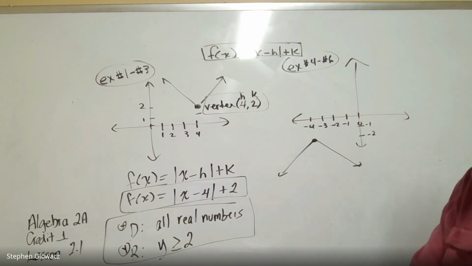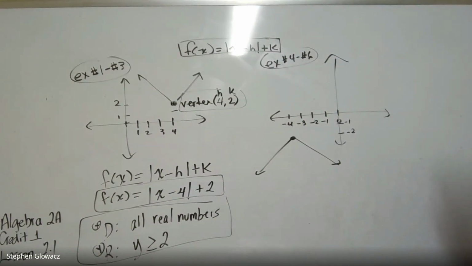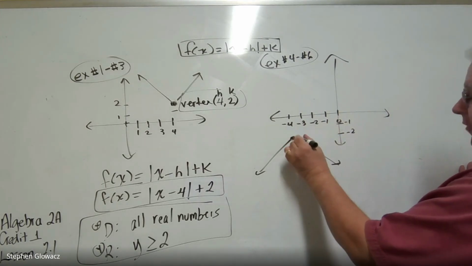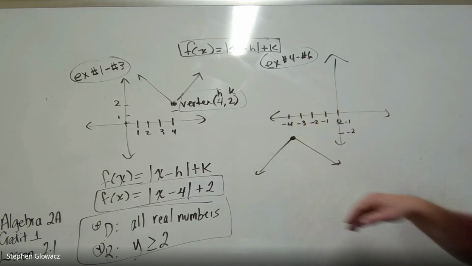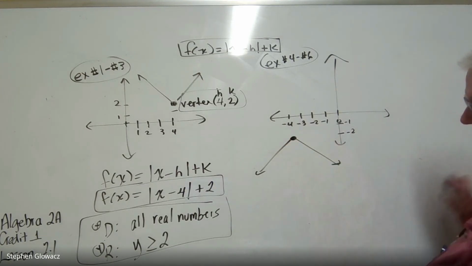And so we're going to take a look at another example over here for problems 4 through 6. So on this one, to get to our vertex point, now this time the absolute value function is facing downward, but our vertex is still that corner where the two sides of the absolute value function meet.